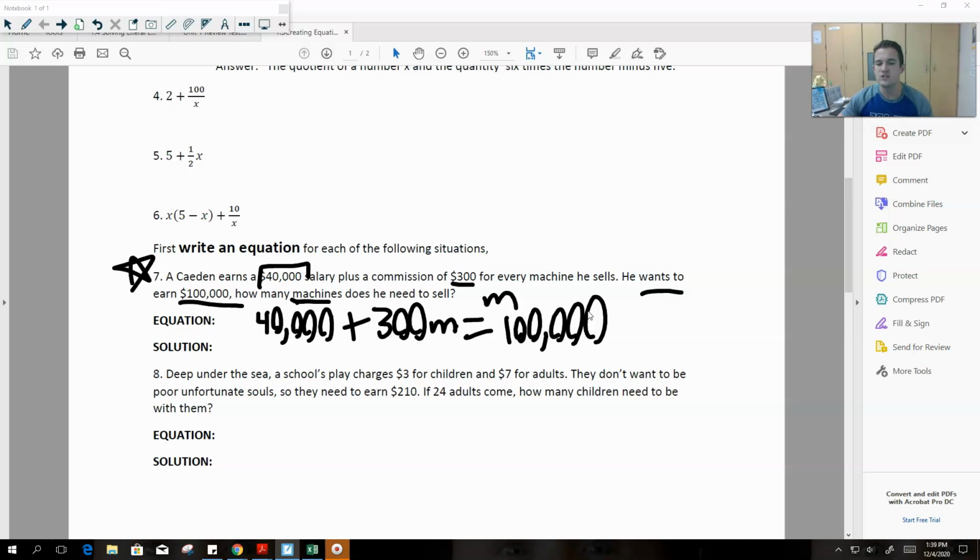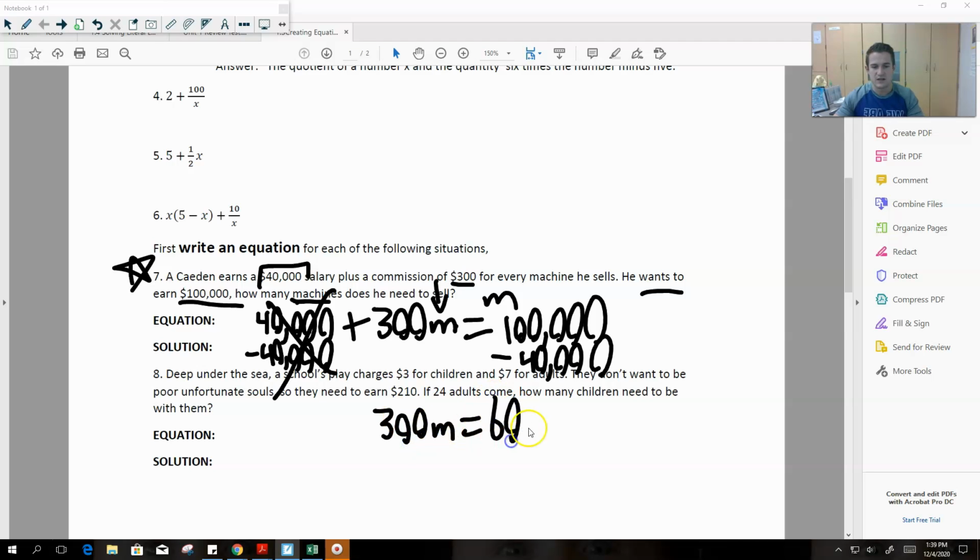So, how many machines does he need to sell? Well, in order to solve this, I need to get M by itself. So I need to get rid of this 40,000. I'm going to subtract 40,000 on both sides, which gives me 300M equals 60,000. Since I have 300 times M, I'm going to divide by 300 on both sides, because that'll cancel these out.